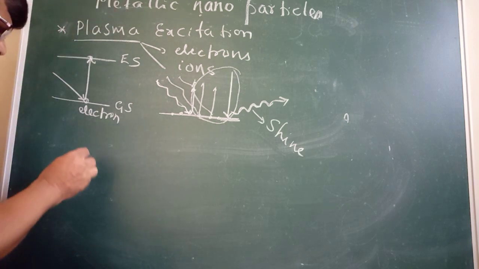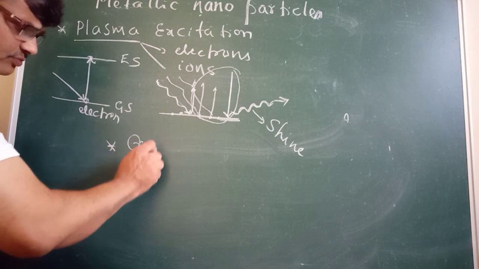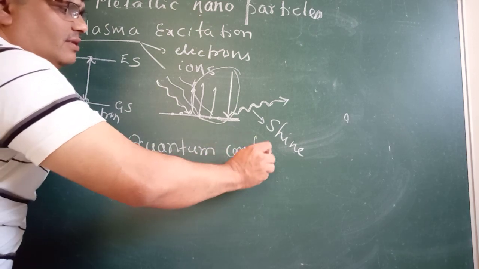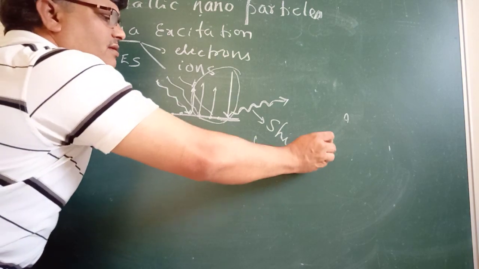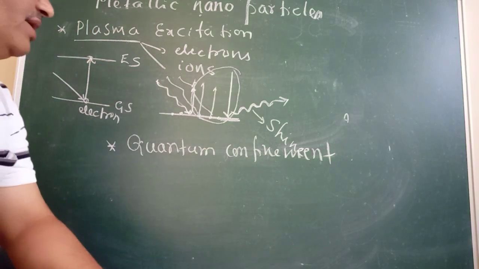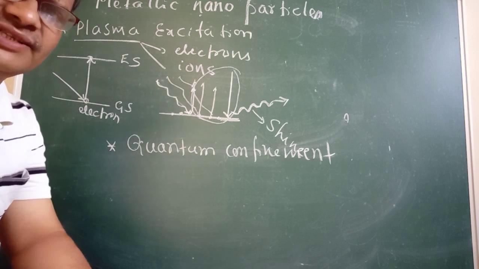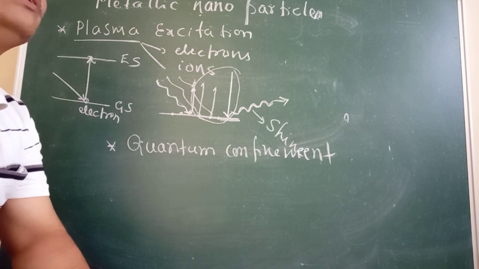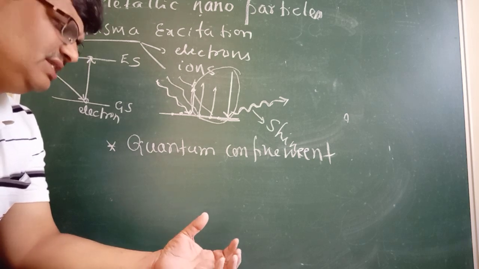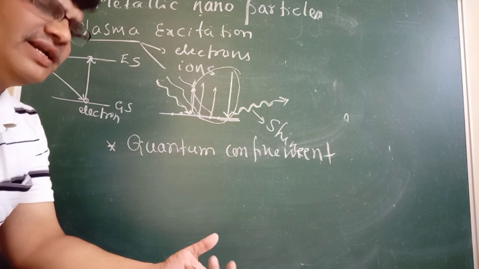This is a property of metallic nanoparticles. Next, you already know about quantum confinement. Confinement of the electron to a small space is called quantum confinement. It means the size of the nanoparticle is restricted, the size becomes nano, and the particle is confined.